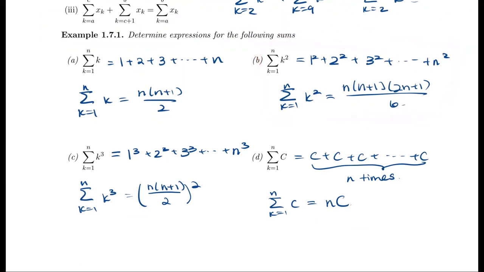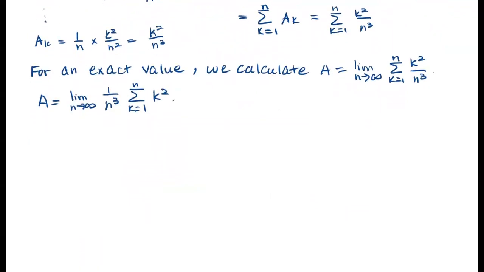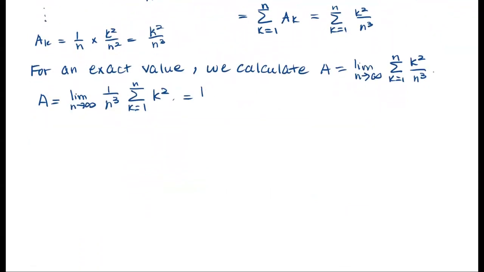So let me go back to the next page. So that's the formula that we have here. So let's go ahead and use that formula. So we have the limit as n approaches infinity of this sum, so that just becomes 1 divided by n cubed, multiplied by n times n plus 1 times 2n plus 1, all this divided by 6, right?